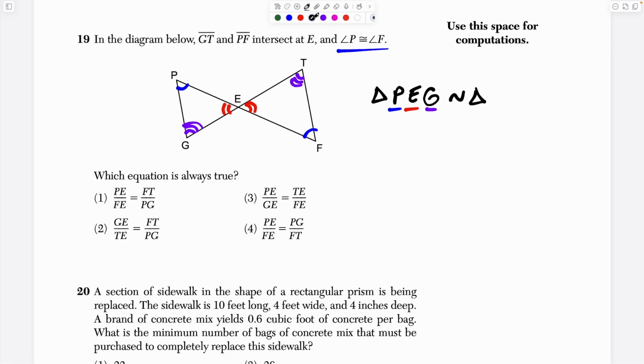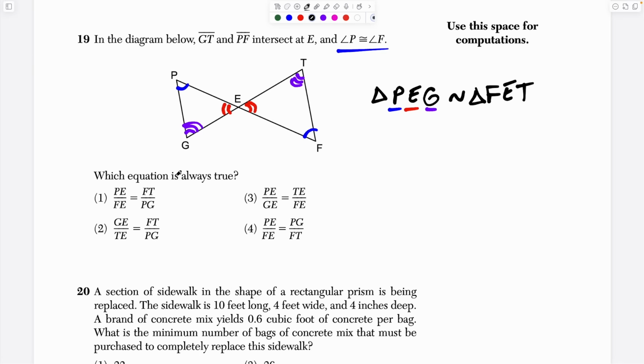So when I write out my next set of letters, I'm going to go blue, red, purple. So I have blue is F, and then red is E, and then purple is T. So these two triangles here are similar. And the reason why I like to do this is because the letters have to be in corresponding order, and that helps us set up the ratios that we're looking at.